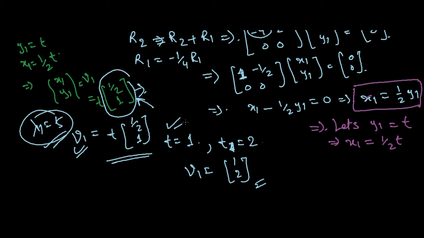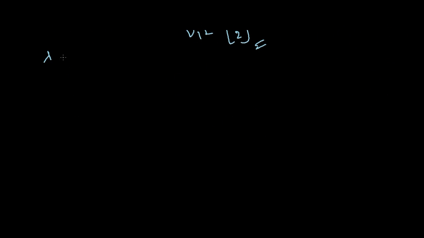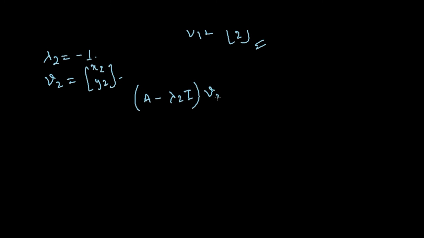Okay, fine. So I hope you got a little bit of clarity here, and I'll just fast forward for my eigenvector v2 corresponding to lambda 2, that is minus 1. So let's suppose that v2 is equal to x2 and y2, so we need to find the non-trivial solution of (A minus lambda 2 I2) multiplied by v2 equals 0, and this is the zero vector.